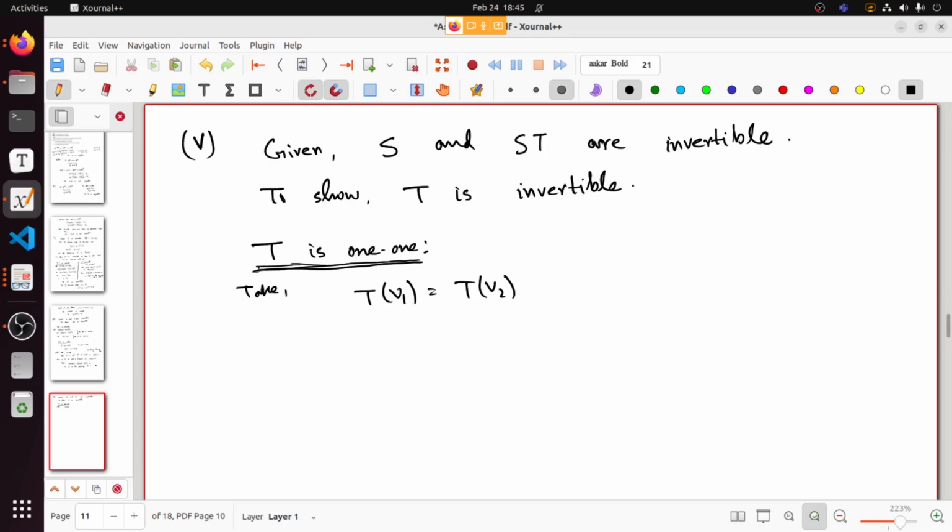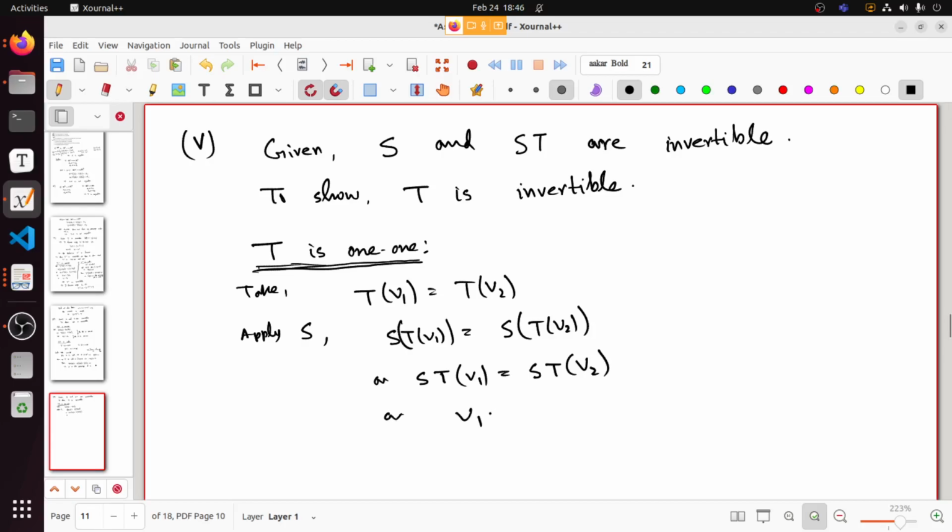Now apply S. Then ST of B1 will be ST of B2. Now as ST is invertible, this implies B1 is B2, because ST is invertible means ST is one-one. So you have shown T is one-one.